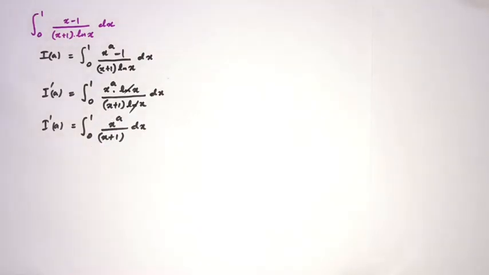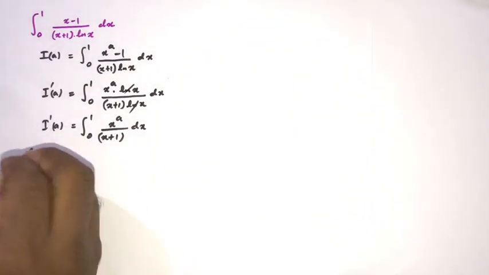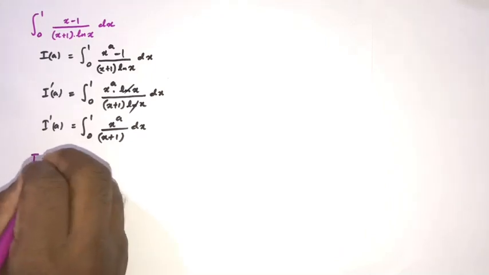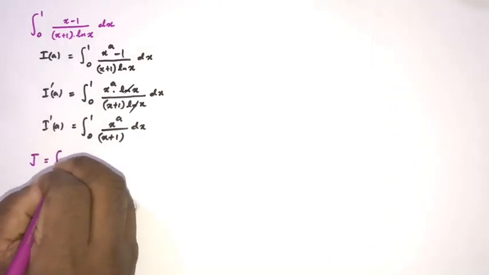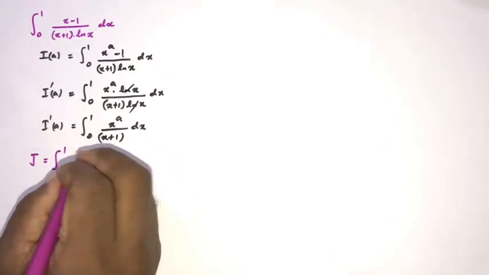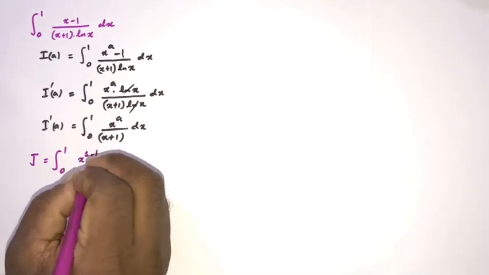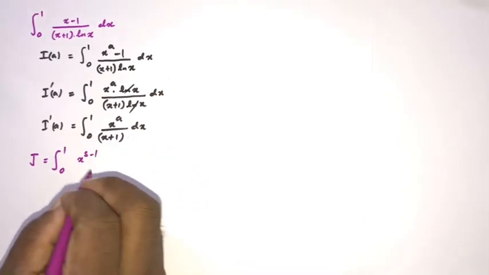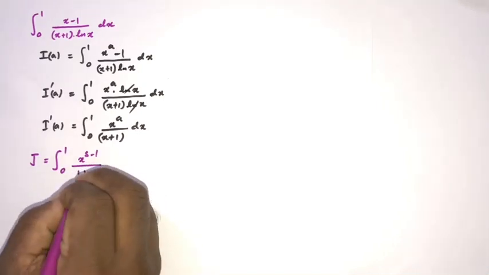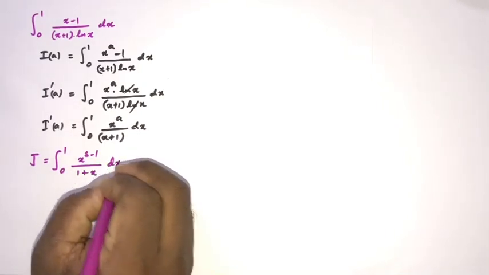Okay, so I am going to take the integral J is equal to the integral from 0 to 1. Now here we have a, but I am going to take s minus 1 here, so we can arrange it later. So x to the s minus 1 over 1 plus x dx.